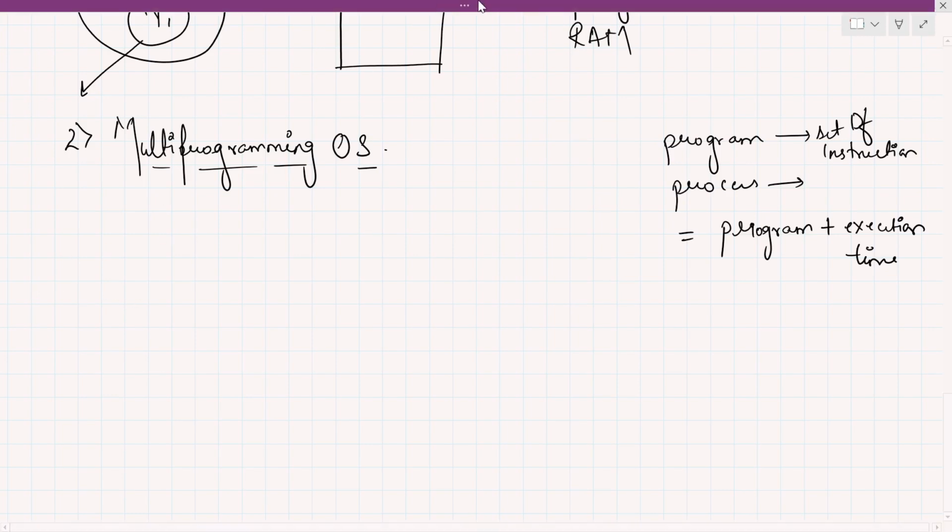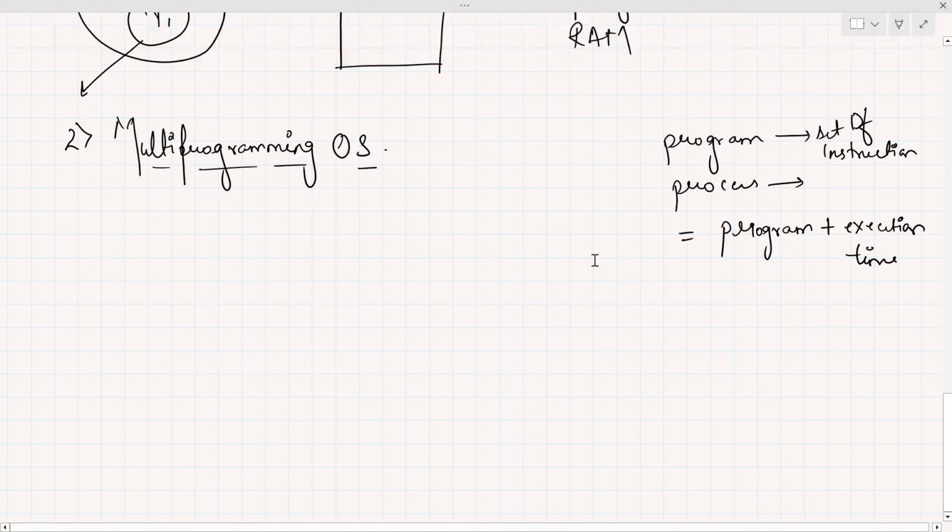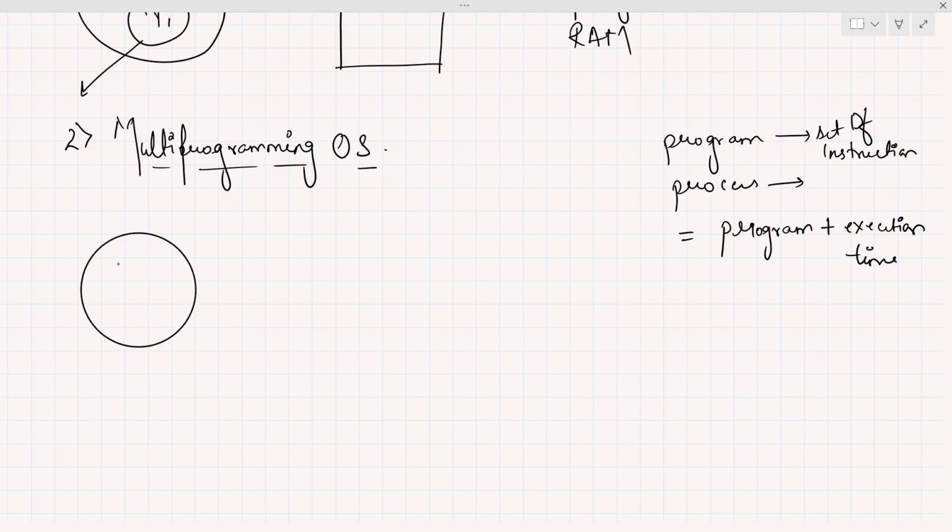In uni-programming we have only one program, and by its name it is clear that in a multi-programming operating system, the CPU can only execute one program, but in the main memory, RAM, we have more than one program.